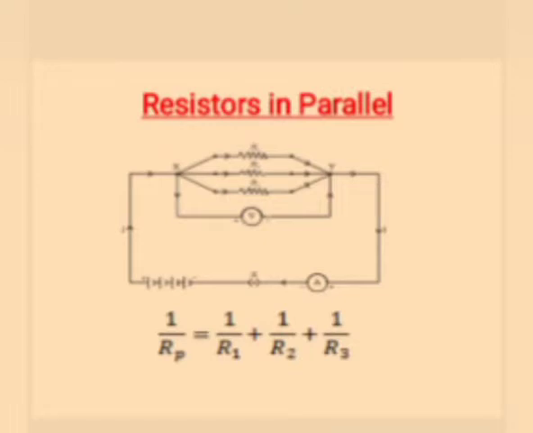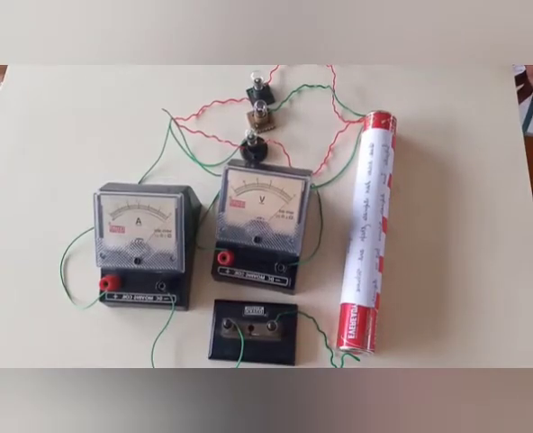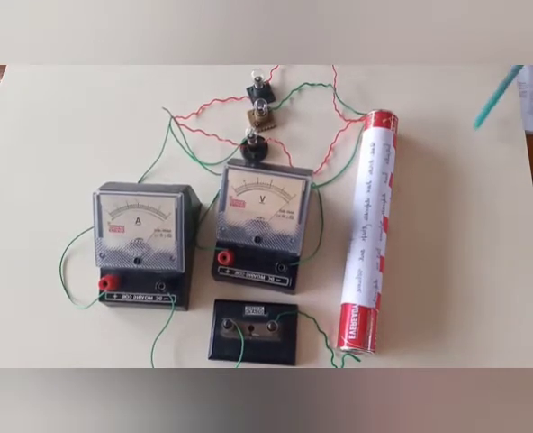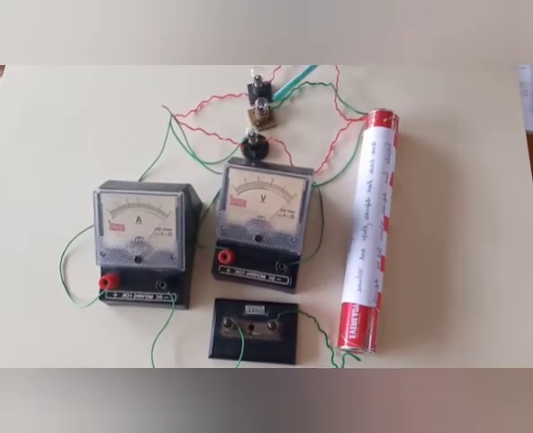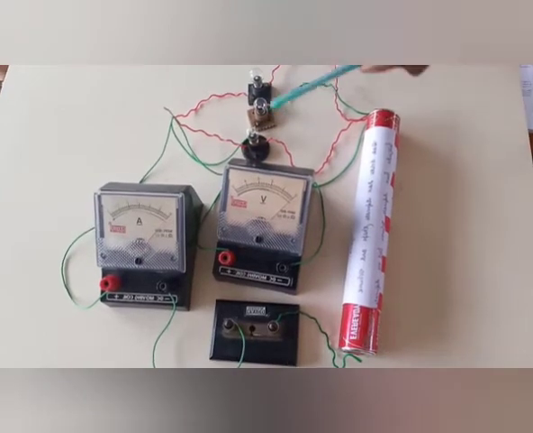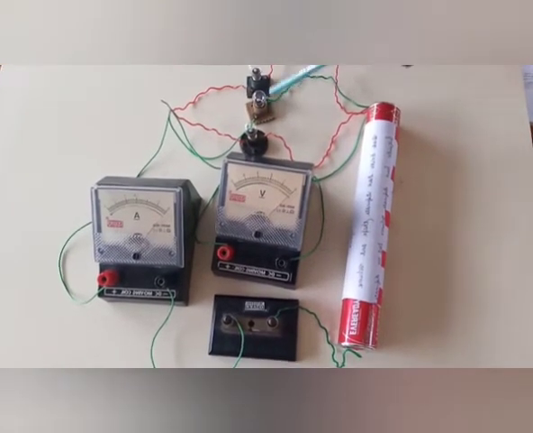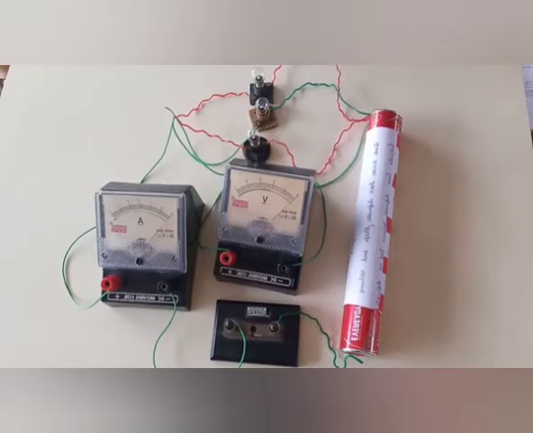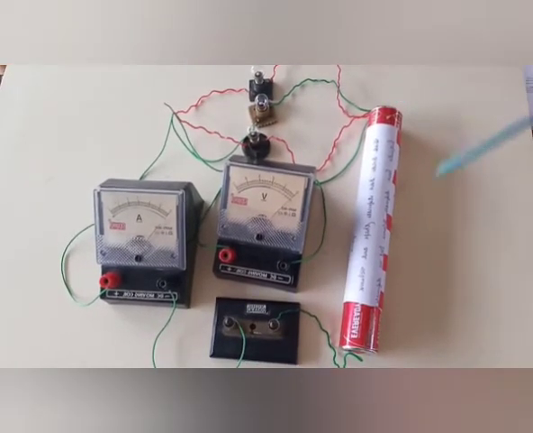Let us prepare a circuit using all the components. Resistors in parallel. Look at the circuit. In this circuit, 3 resistors, 3 bulbs are connected in parallel. 1, 2, 3. These 3 resistors are connected to the positive end of the battery.